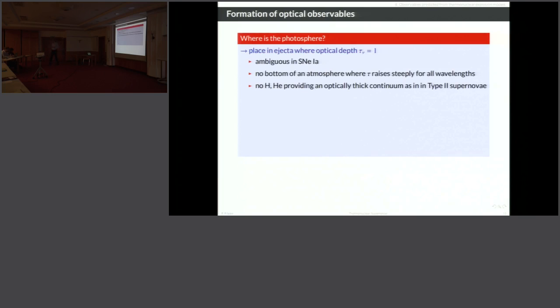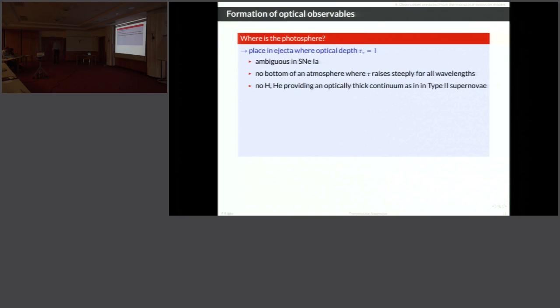Now, one specific fact on type Ia supernova optical observables is that it's usually rather difficult to say where a photosphere exists in these objects. This is the place where the spectrum originates, the place in the ejecta where the optical depth is about 1.